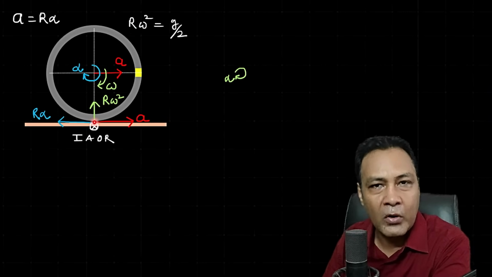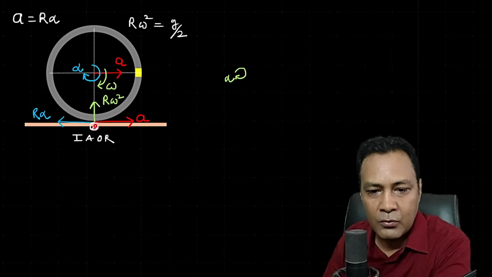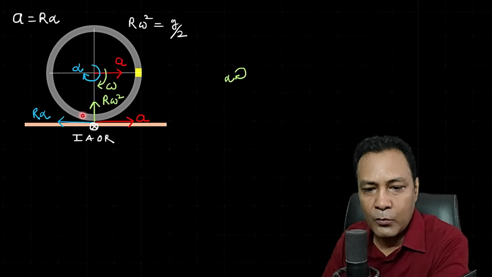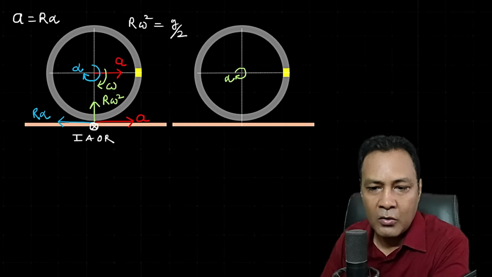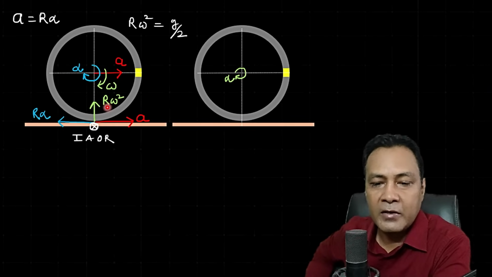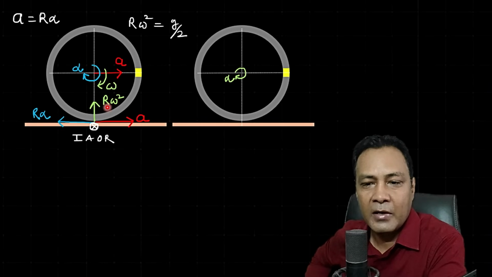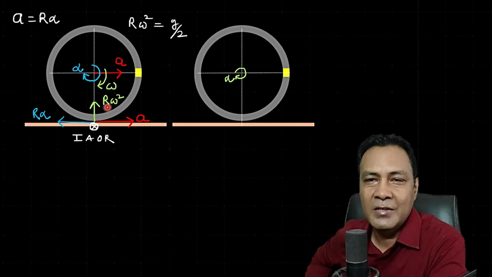So acceleration of the point of contact with respect to the center, that is r alpha, and towards center r omega square, and we have to add acceleration A. From no slipping condition, A and r alpha are matched, so the net acceleration would be r omega square, and that r omega square is equal to g by 2. So the point of contact with the ground has an acceleration g by 2 towards center of the ring.